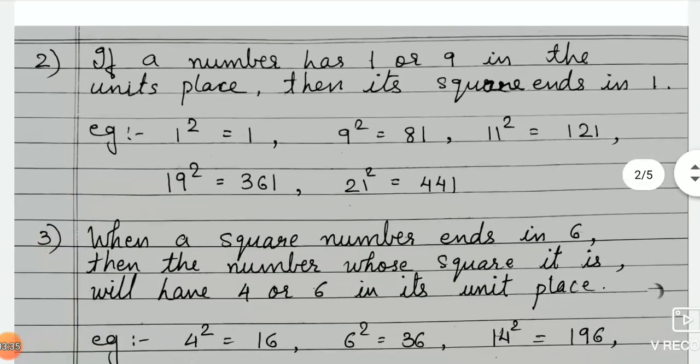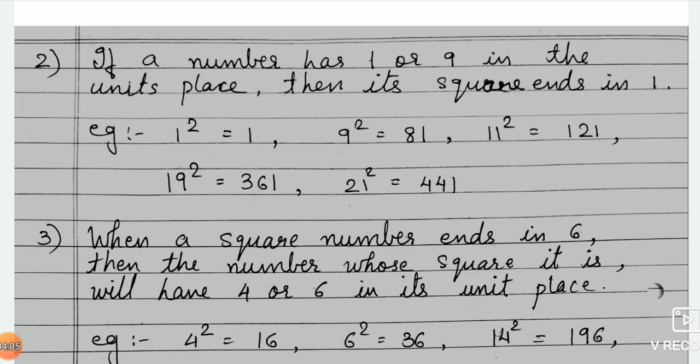Now our next property. If a number has 1 or 9 in units place, then the square always ends in 1. Why is it so? Because if you multiply 1 with 1, you get the answer 1, and if you multiply 9 by 9, the answer is 81. In 81 also the digit in units place is 1.